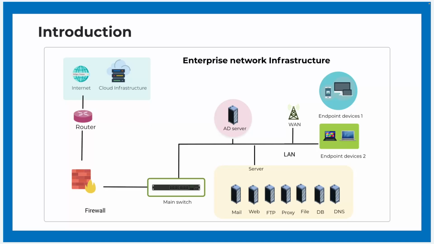As you might be aware, a network infrastructure consists of a router, WAN, LAN, and also multiple endpoint devices which connect to these WAN and LAN. In addition, you also have various on-premise servers, including Active Directory server, which manages the permissions to your various network resources.